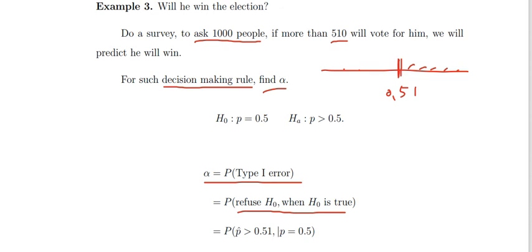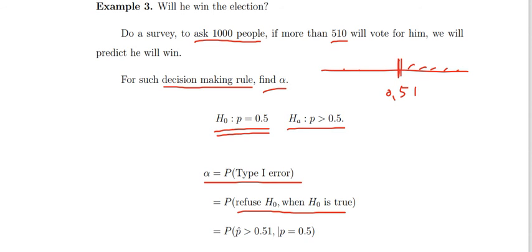Here, actually, this is his claim. He claims he will win. But for H0 we just put equal. H0 is a half chance to win the election, half. So far, H0 is always equal.